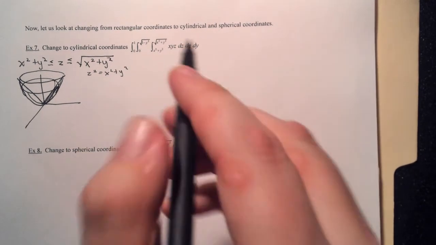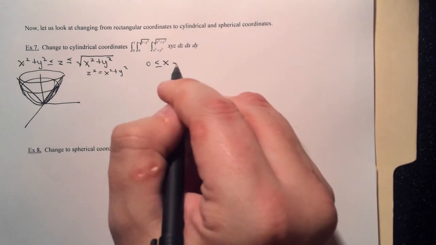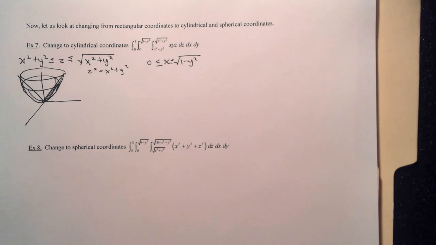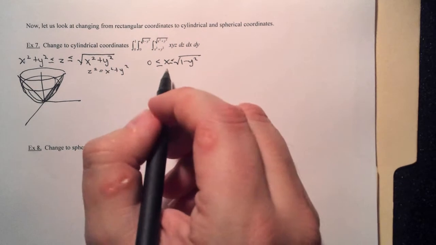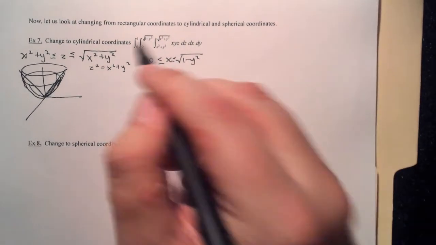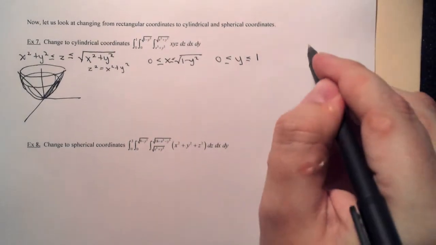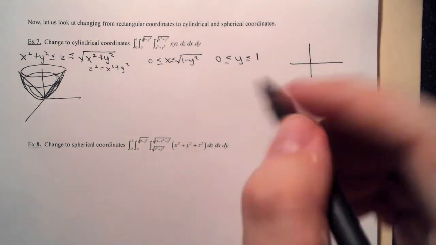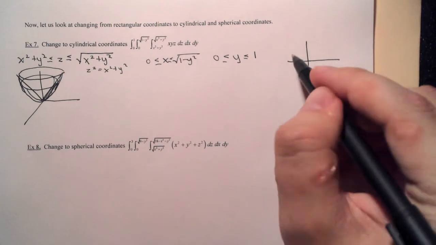X is then going from 0 to the square root of 1 minus y squared, which would mean that x squared is 1 minus y squared, so the region that I would have in the plane, also knowing that y goes from 0 to 1, let's see, so x goes from 0 to the top half of the circle.